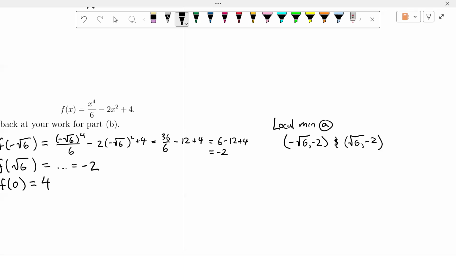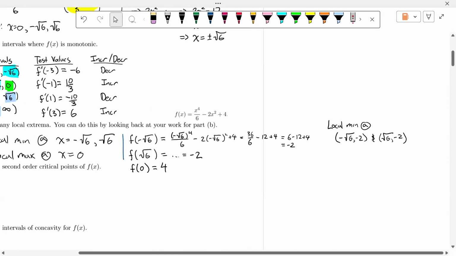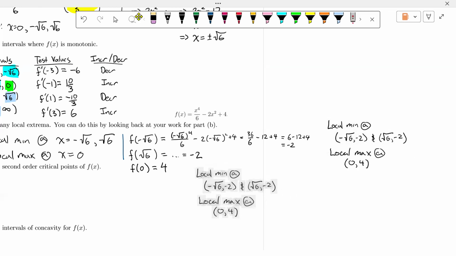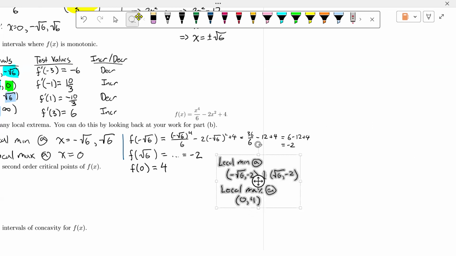So those are the two coordinate points of my local min, and the local max is at 0, 4 right there. I'm just going to remember that because I'll need that later when it comes time to plot this. So I'll just stick that on the side here. Yeah. So all that follows right there.